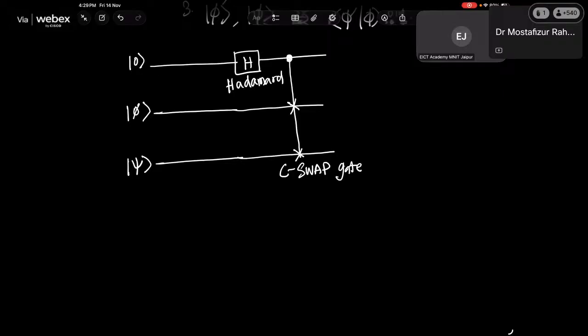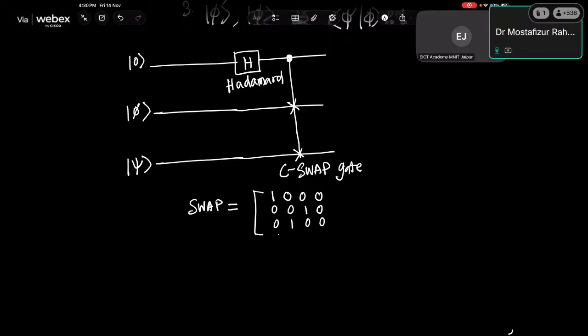Those who don't know what a swap gate is, let me define it. The swap gate is defined as the matrix 1 0 0 0, 0 0 1 0, 0 1 0 0, 0 0 0 1.